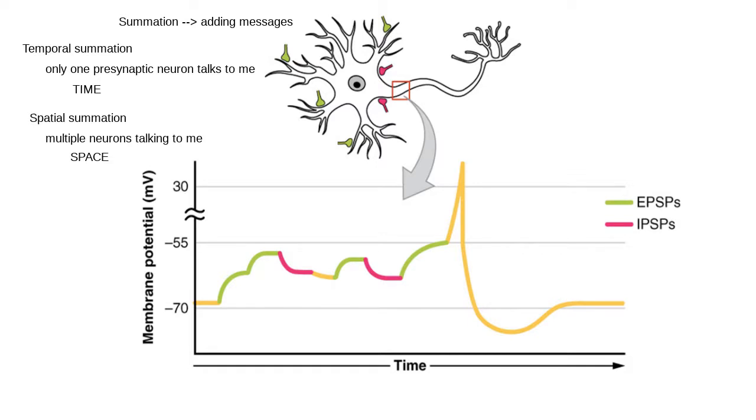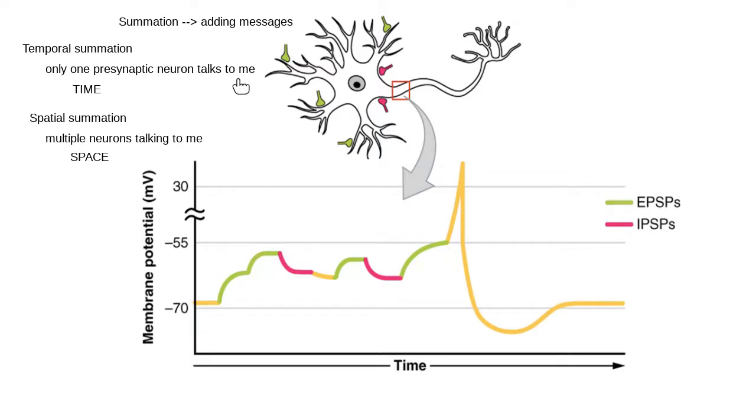Jacqueline asked a good question. Can they both receive EPSPs and IPSPs? So in other words, are there EPSPs and IPSPs in either of these? Yes, we could add them together.